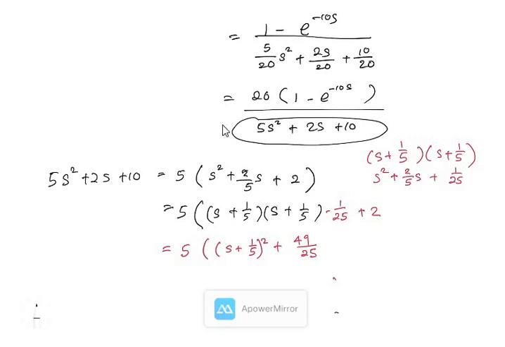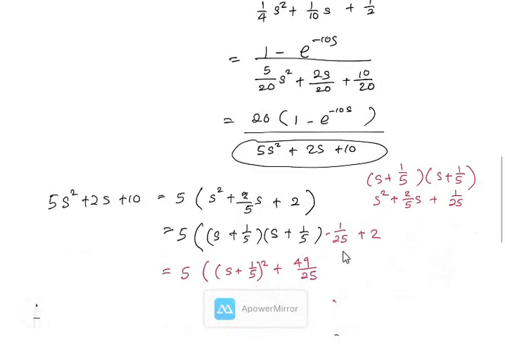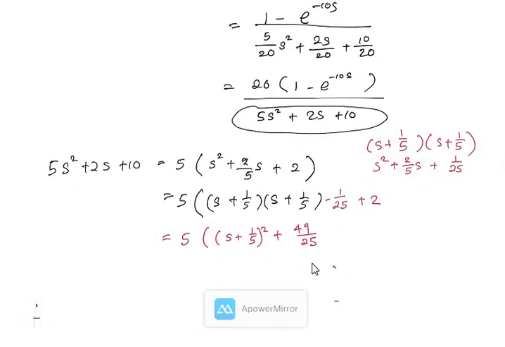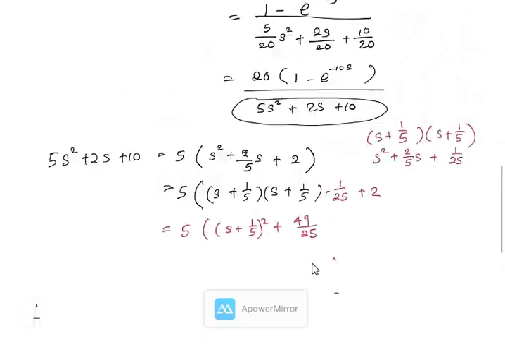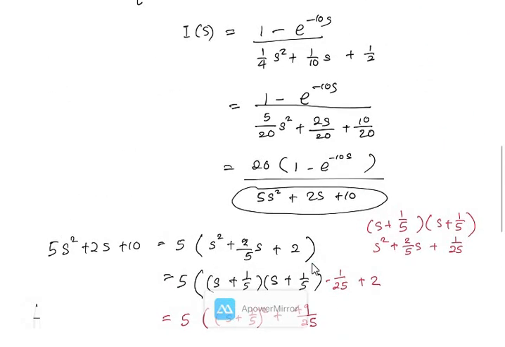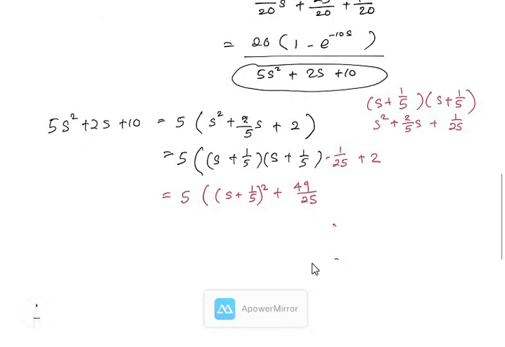Since we have settled this part, we can substitute back to here. This is for the I(s), so we can substitute this part with this value. Therefore, if we have I(s), we can find i(t). We take the inverse Laplace transform of I(s) to get back i(t).